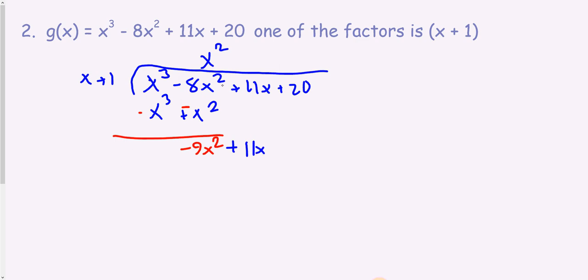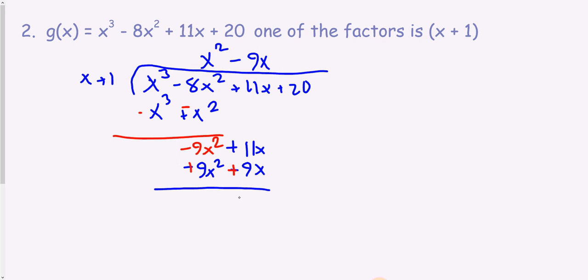Okay, we're going to divide out the x again. Minus 9x, minus 9x squared minus 9x. Change the signs. And we're going to add.